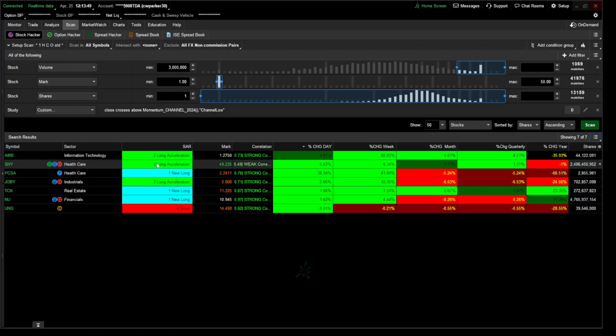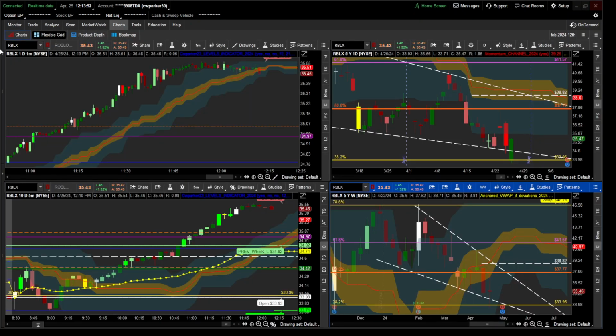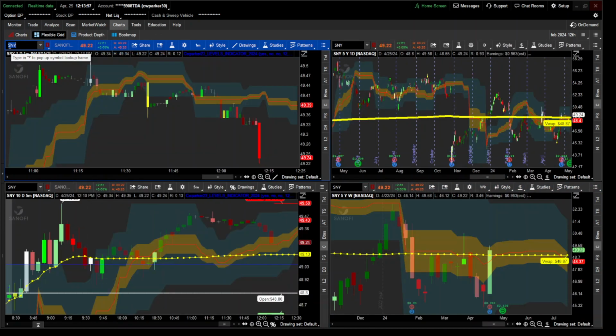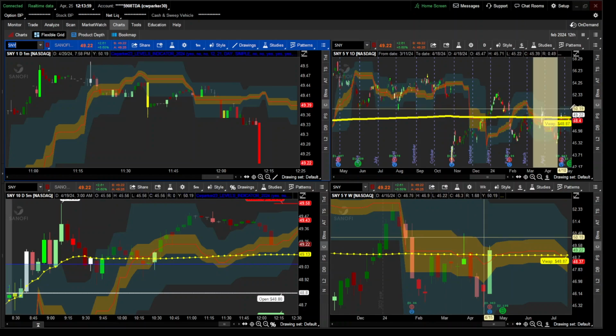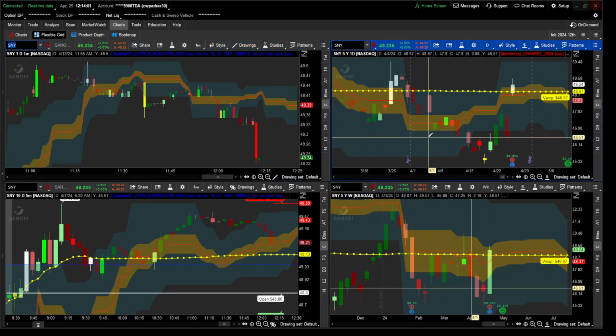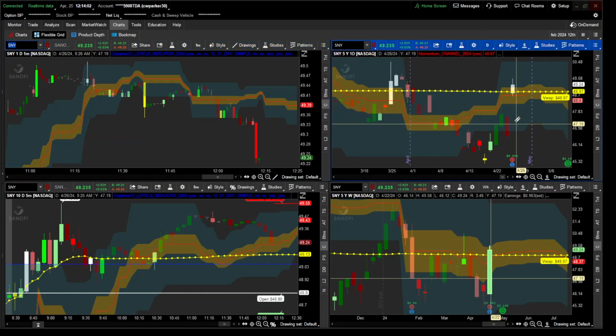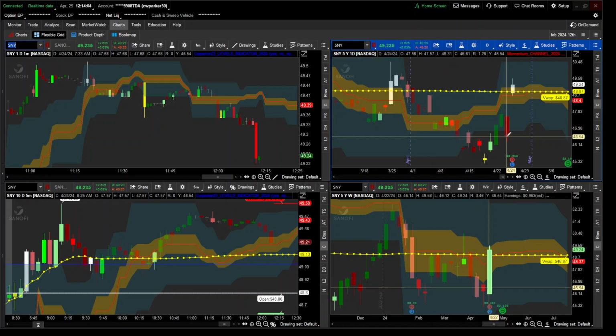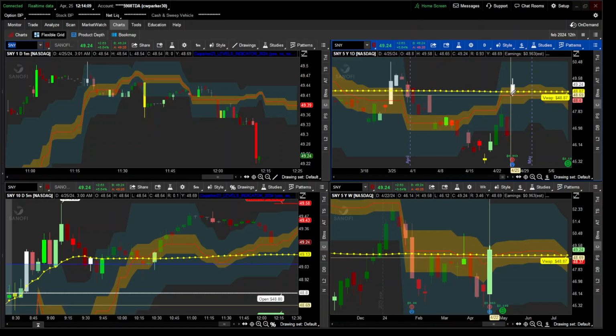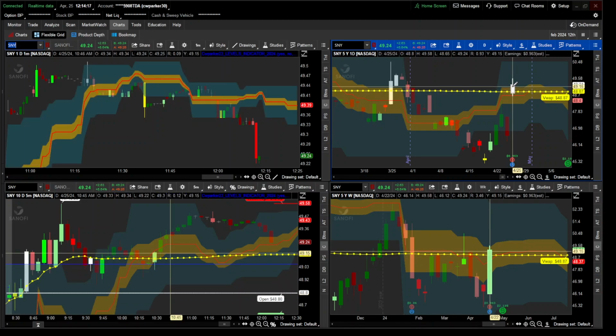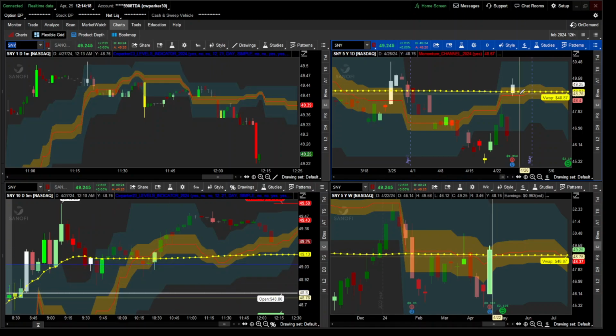So let's look at SNY. It's a healthcare stock, and it's breaking back above its channel low. So it was actually down here. The close actually was down here, but it broke back into its channel low. Now trading above the momentum channel midpoint and its momentum channel 61.8 and the 3-year anchored VWAP at $48.